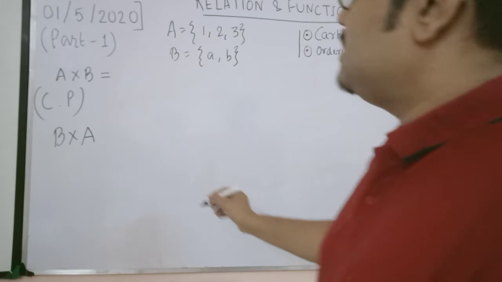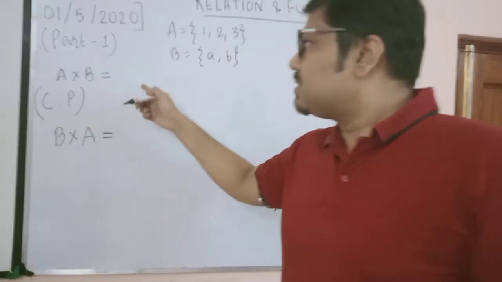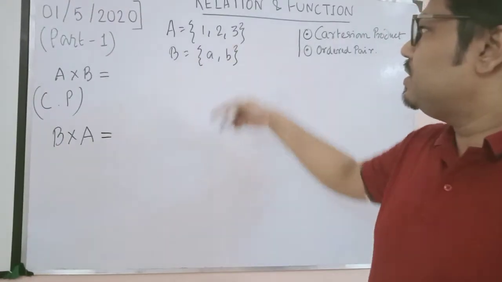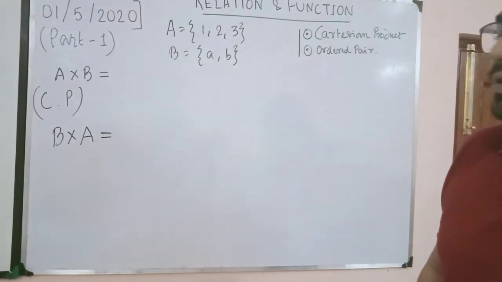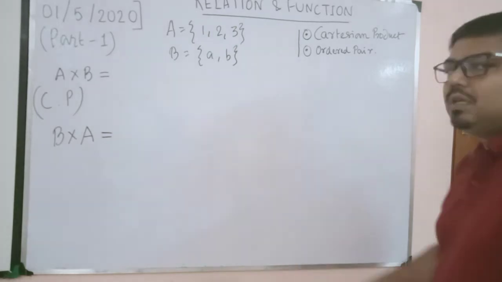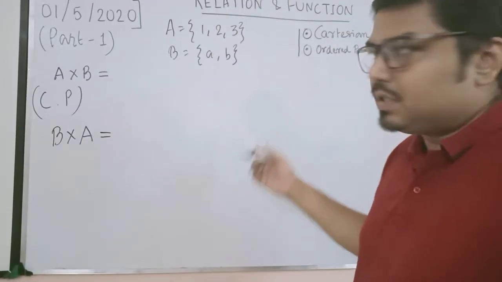Let us study one by one. Obviously it is not possible for us to multiply these things, 1 into A, 2 into A. It is not represented like that. In sets, we have not learnt any kind of multiplication operation. We learnt union, intersection, difference, symmetric difference.